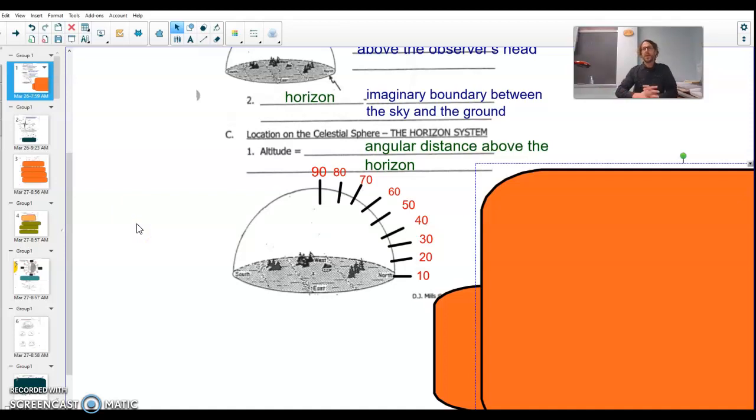Those are our angular distances above the horizon. We can be anywhere on this horizon, but then we can be any degree above that. So you could say, I'm looking at something that's due east and 30 degrees above that. It's going to be 30 degrees from the horizon up, and boom, you've pinpointed or located the object in the sky.